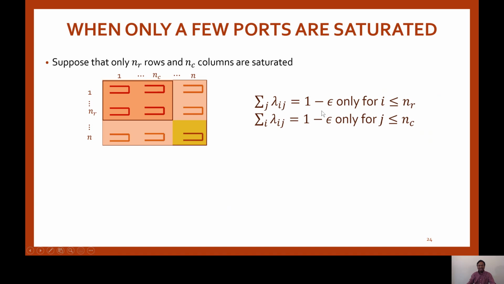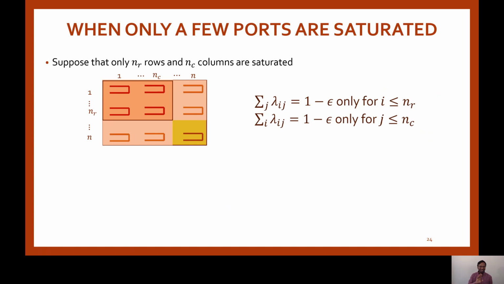It's equal to 1 minus epsilon. But for the other rows and other columns, it's approaching some number strictly less than 1. The fact that I'm looking at the first NR rows and first NC columns is without loss of generality. If NR is equal to 1 and NC equal to 0, this corresponds to the complete resource pooling setting, and that's included in this slide. But I'm not including the setting when NR equals N and NC equals N, which is the completely saturated setting in the previous slide.